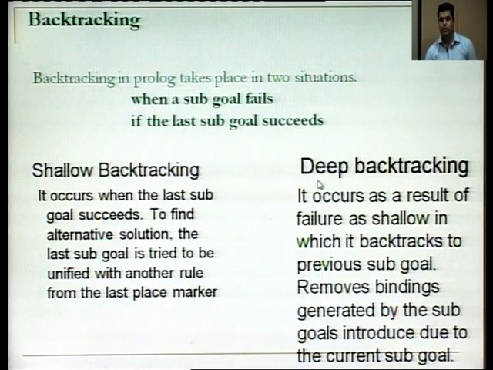Then another type is deep backtracking. It occurs as a result of failure, as opposed to shallow, in which it backtracks to the previous subgoal. This is the condition when a subgoal fails; we say there is deep backtracking. It removes bindings generated by the subgoals introduced due to the current subgoal.